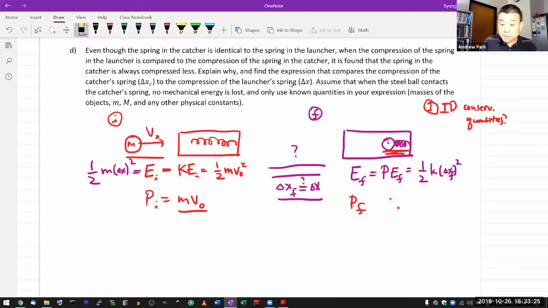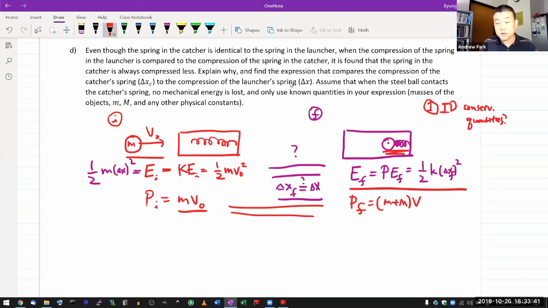So the final momentum has to be equal to some mass m plus big M moving at some speed v, and you say these two are equal to each other. Once you admit to that, you can go back and look at the final energy expression. It's not just going to be the final potential energy. There is also going to be the final kinetic energy as given by this velocity v.